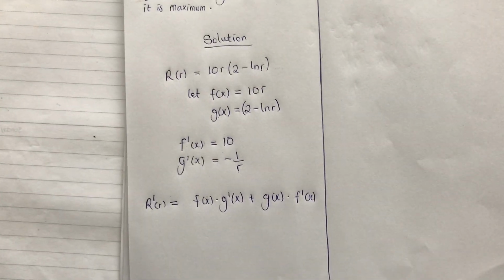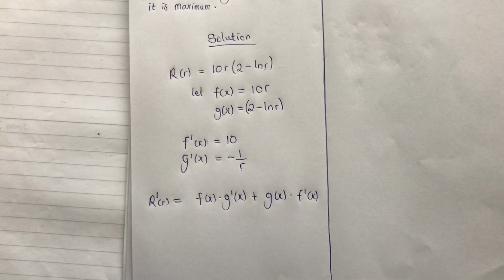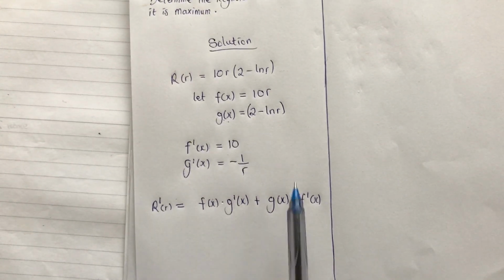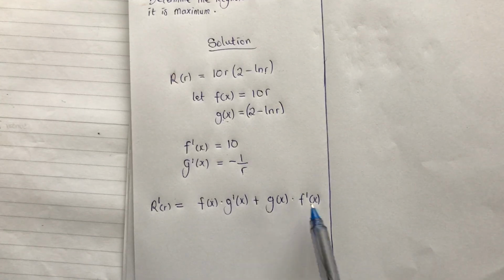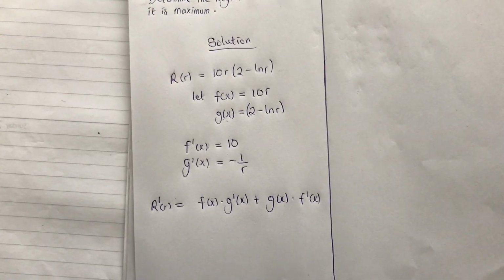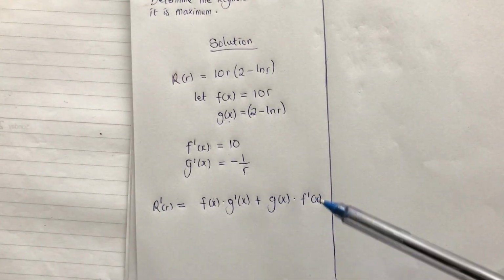So now I'm done. Remember that multiplication here is commutative, so I can choose to maintain the second function first and multiply the result by this one here, and I'll get the same result. So now what do we do? Let's substitute what we have here into this formula.